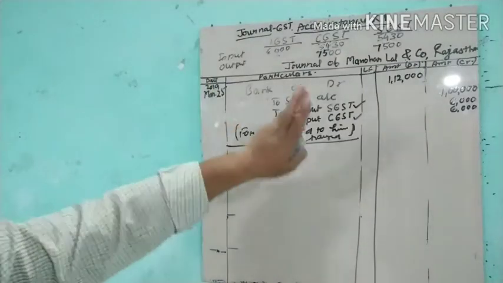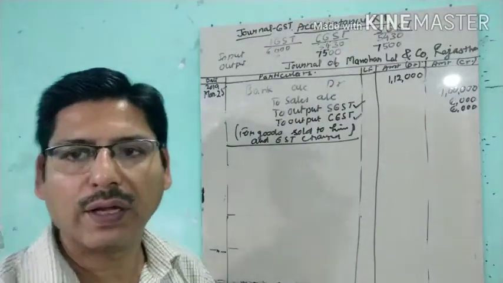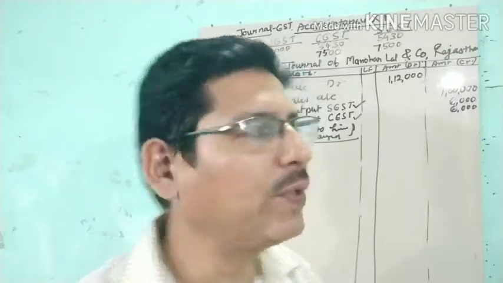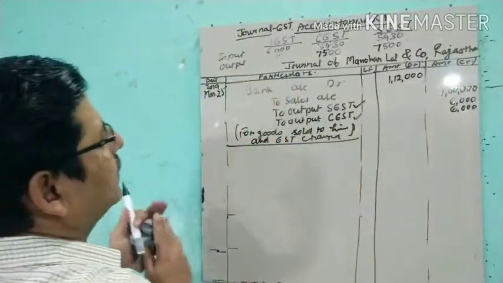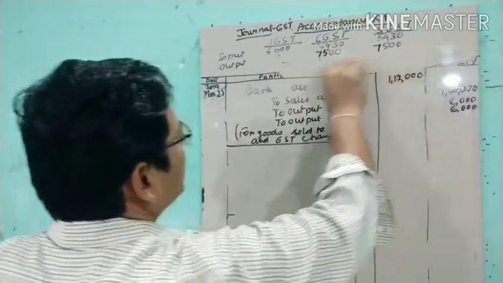Now this is the final picture of IGST input and output. And now we will find how much is the balance. We will just clean here to make some space.